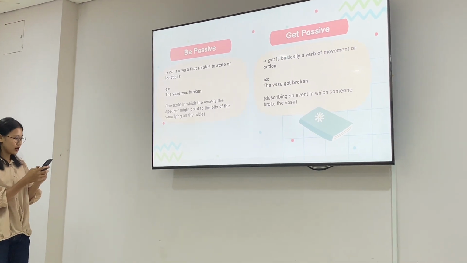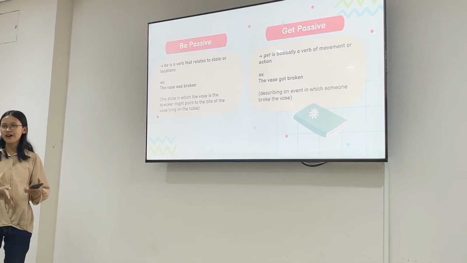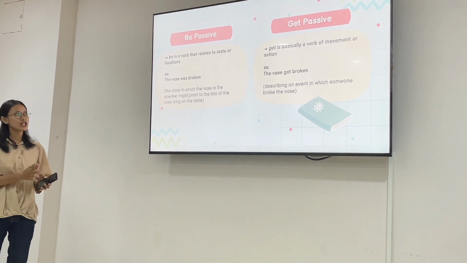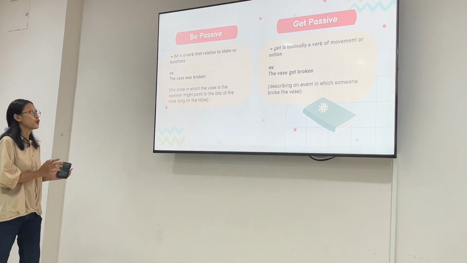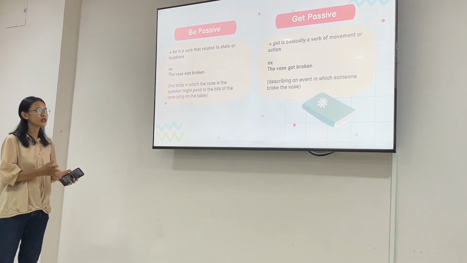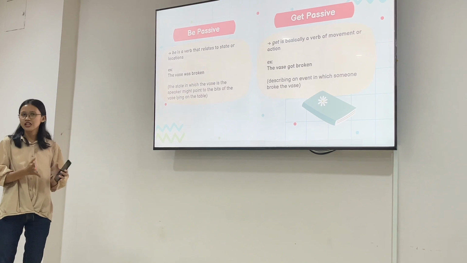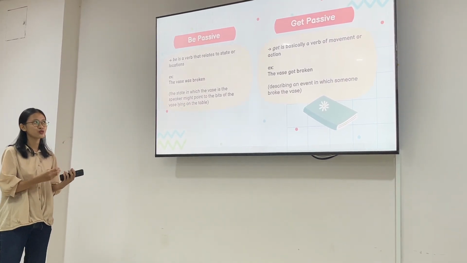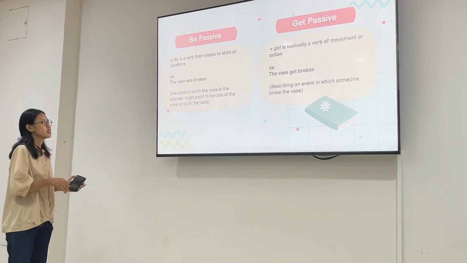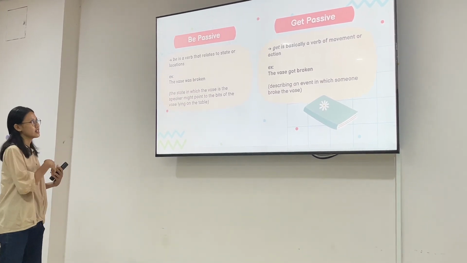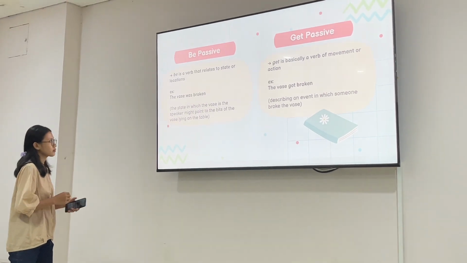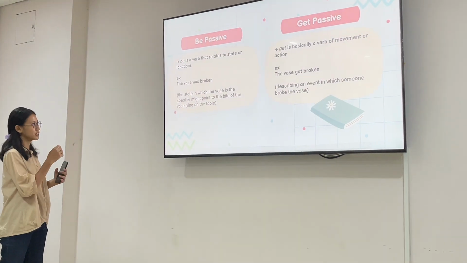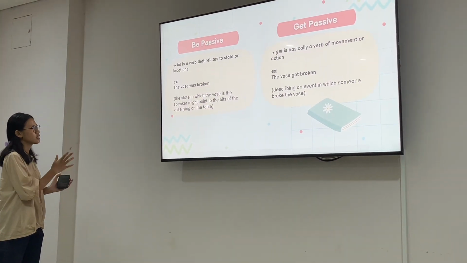Next, the passive has two constructions. The first one is being passive, and the second one is get passive. Being passive usually describes the state or location, and meanwhile the get passive basically describes movement or action. If you look at the example here, I use basically the same sentence, but different use.